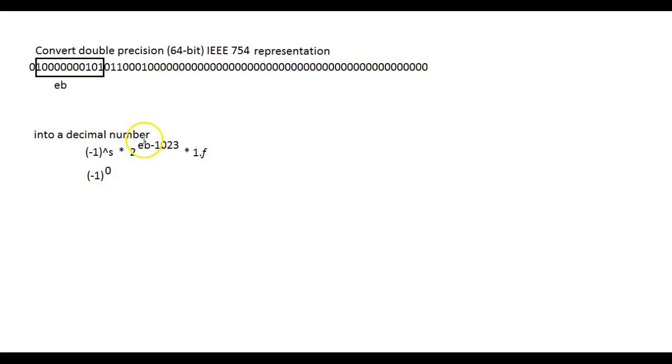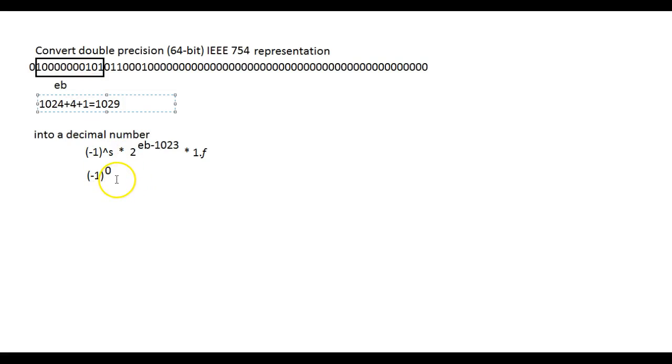Excuse me, 2 to the 10 is 1024, not 1028. So this is going to be 1024 plus 2 to the 2, which is 4, plus 2 to the 0, which is 1. So then we're going to have 1029.